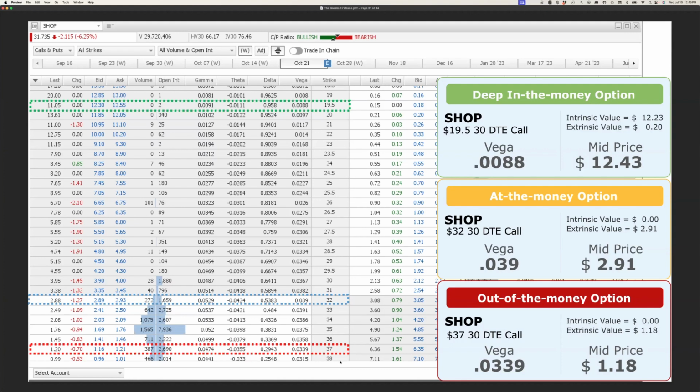And lastly, if we look at your out of the money option, it has a Vega of 0.03, so basically 3 cents worth of exposure for every 1% change in implied volatility on an option that's worth $1.18. That's a larger percentage now, right? But we're still talking about 3-4% of the option's value will change for every 1% change in implied volatility. So not negligible, but not a huge component to the value of your option versus, if you look at the delta of your out of the money option, your delta here is 0.29, right?